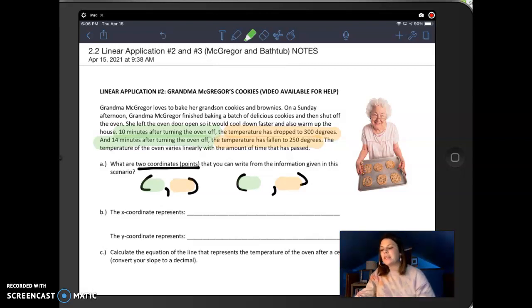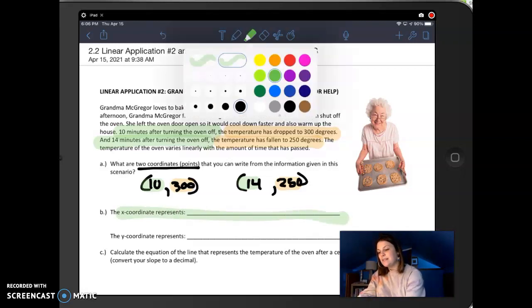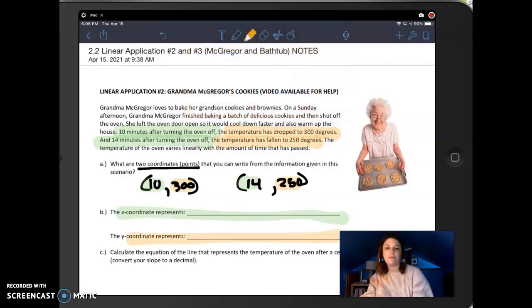It's basically like a snapshot of what's going on in the scenario. So the first snapshot is that after 10 minutes, we have 300 degrees, and after 14 minutes, we have 250 degrees. All right, then it says the x coordinate represents, and the y coordinate represents.